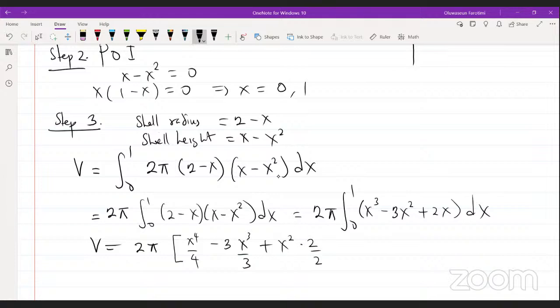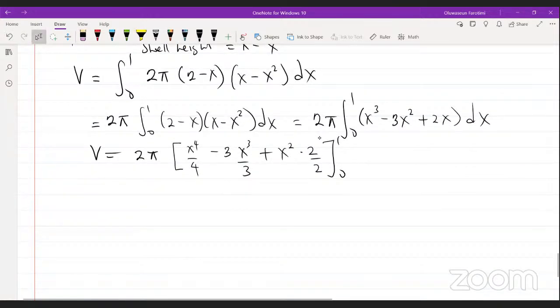Times 2 over 2. Of course, the 2 over 2 cancels, from 0 to 1. So pretty much, guys, at the end of the day, once you do this algebra, you have pi over 2. All right. So does that make sense, guys? So if you do that, you exactly have pi over 2.